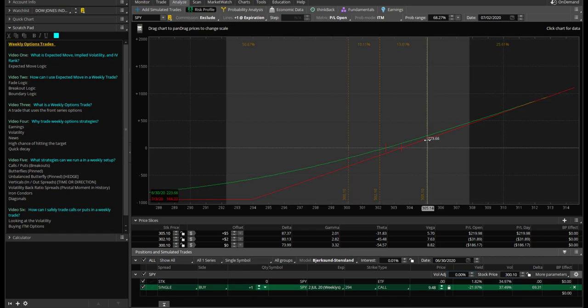But you're going to have to worry about getting assigned if you try to hold a call that's in the money at expiration. So you've got to bail out of that thing. You'll never ever make the max profit. So if I'm looking at this and it's 305.10 and we're 2 minutes to market close, this thing might be worth $160.30.